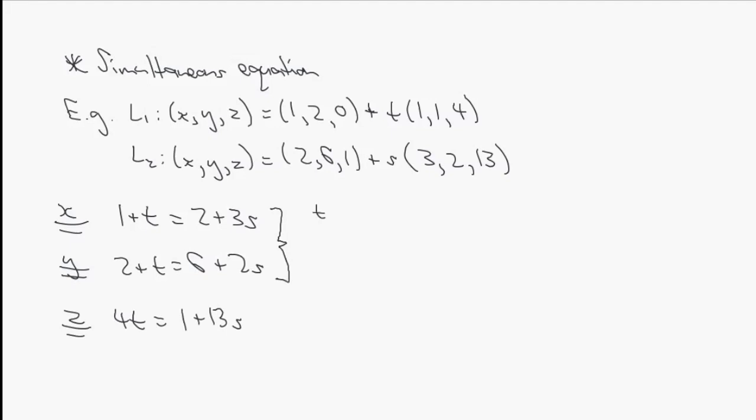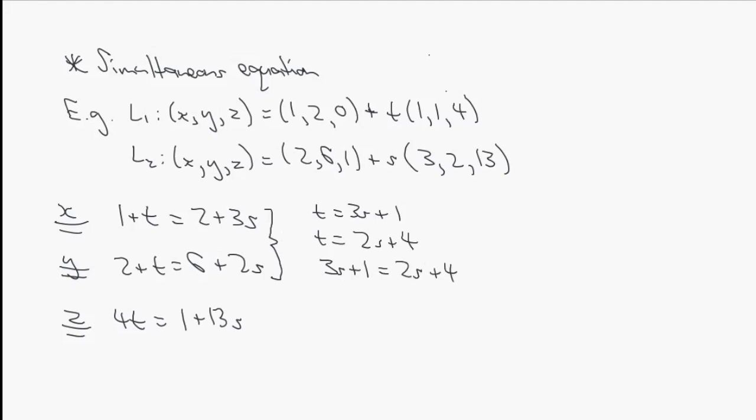t will be equal to 3s plus 1, that's for the x case. And for the y case, it will be 2s plus 4. So like just now on how we do simultaneous equations, 3s plus 1 equals 2s plus 4.